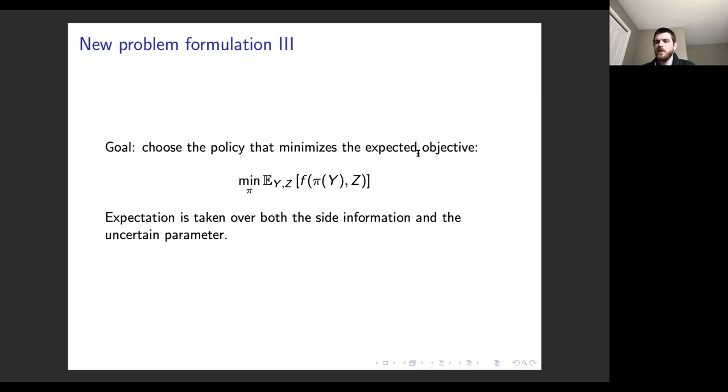Or in vehicle routing, I have to choose how I'm going to route my vehicles based on today's weather forecast, but I also have to choose how I'm going to route them given tomorrow's forecast. And so I'm going to look for a policy that stays valid over some horizon, where I can put in side information and get out actions.